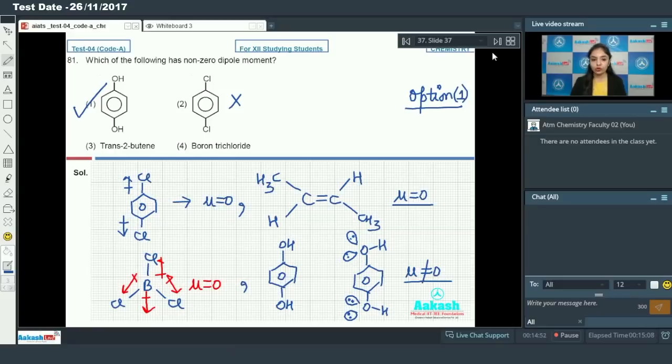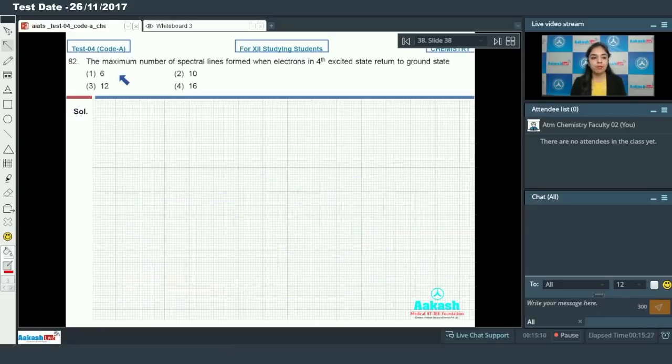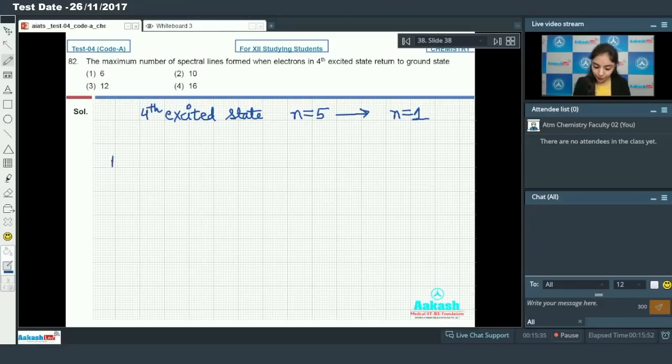Next we have question number 82. The maximum number of spectral lines formed when electrons in the fourth excited state return to the ground state. What does fourth excited state mean? It means n equal to 5. Now it is returning to the ground state, meaning n equal to 1. We have to calculate the number of spectral lines.